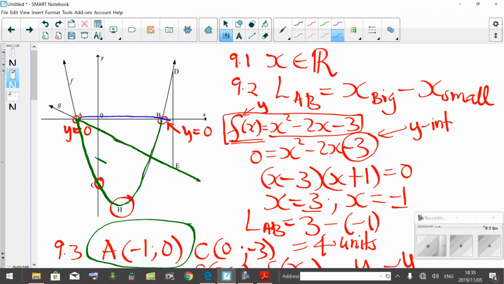My answer would be this area here. This is where they are both below the x-axis.